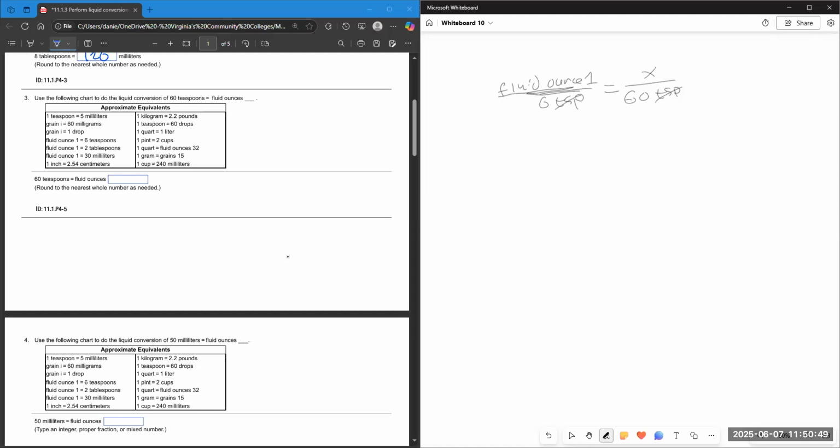Teaspoons cancel, and this is 60 over 6 times a fluid ounce. So 6 goes into 60 10 times. This is 10 fluid ounces.